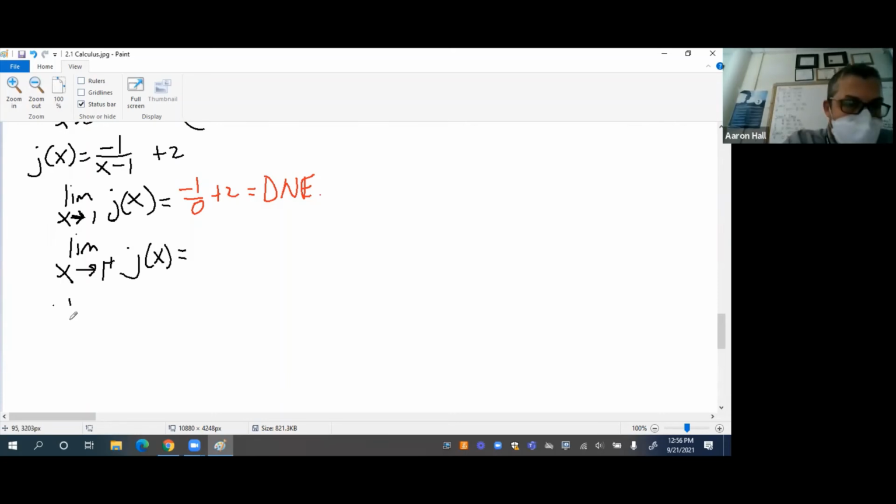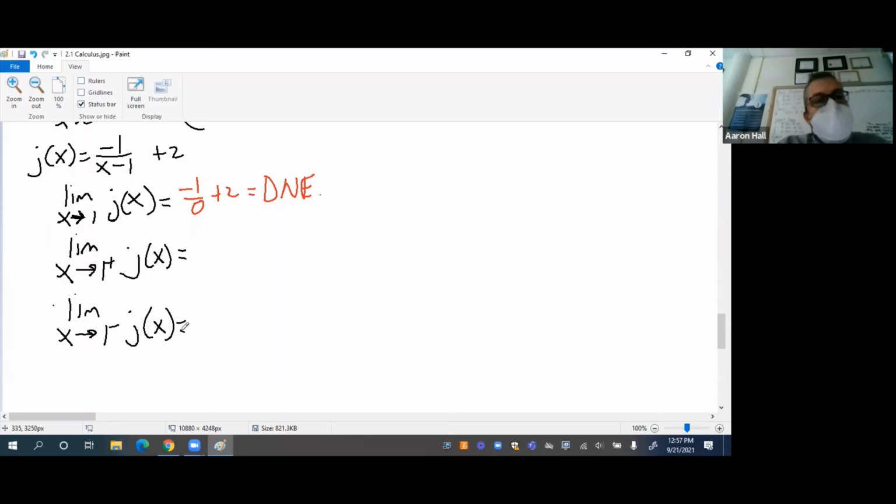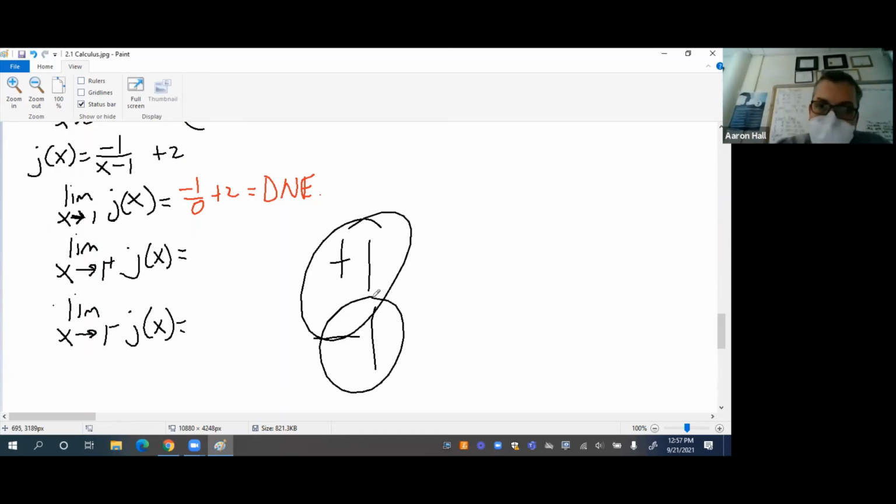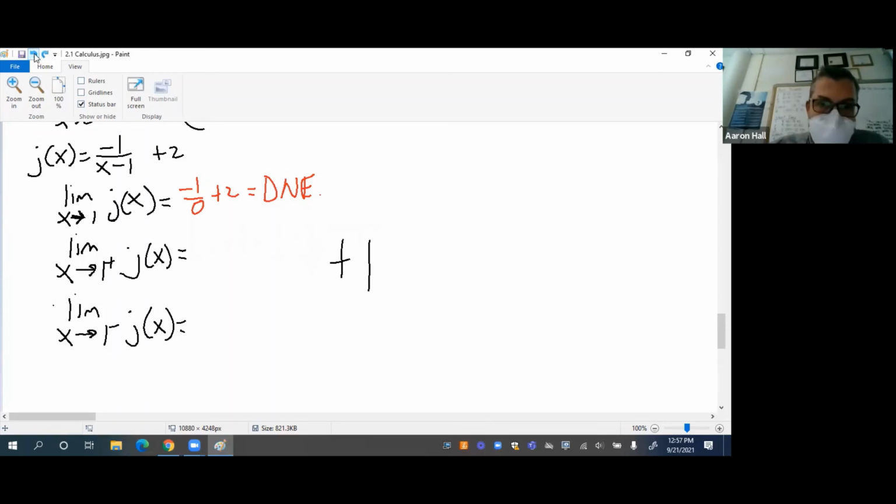What the heck does that mean? I know what +1 means, or -1, but what does it mean to have a 1 and then a plus after it? We're approaching from the positive side versus approaching from the negative side.